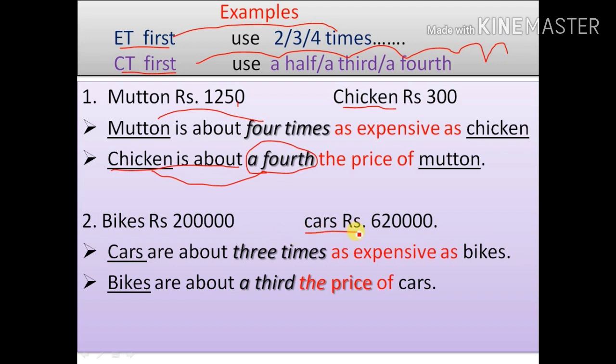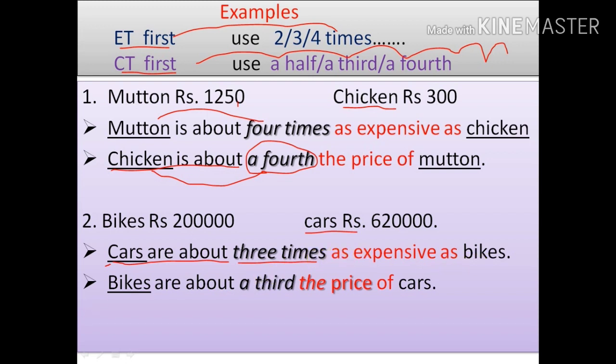Here, cars is plural, therefore cars are about 3 times as expensive as bikes, or cars are about 3 times the price of bikes.